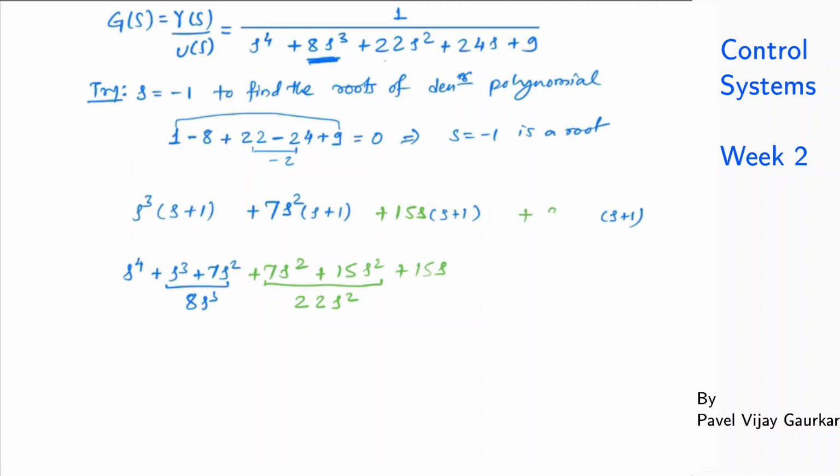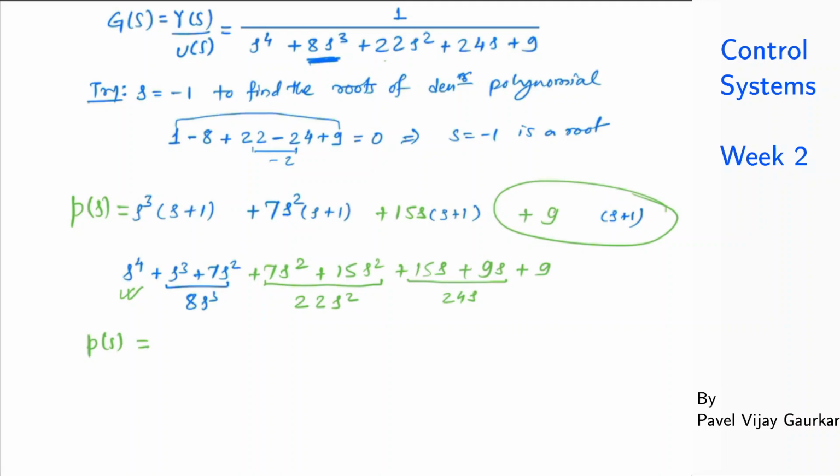So if we just add 9, this overall would give us 9 into s plus 9. So adding these, 15 plus 9 is 24 into s. So we have s power 4, 8s cube, 22s square, 24s, and 9. So let me write this as p of s.